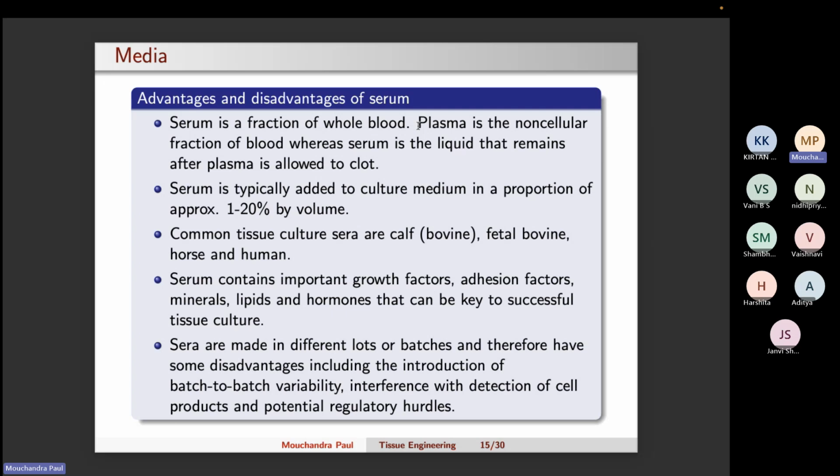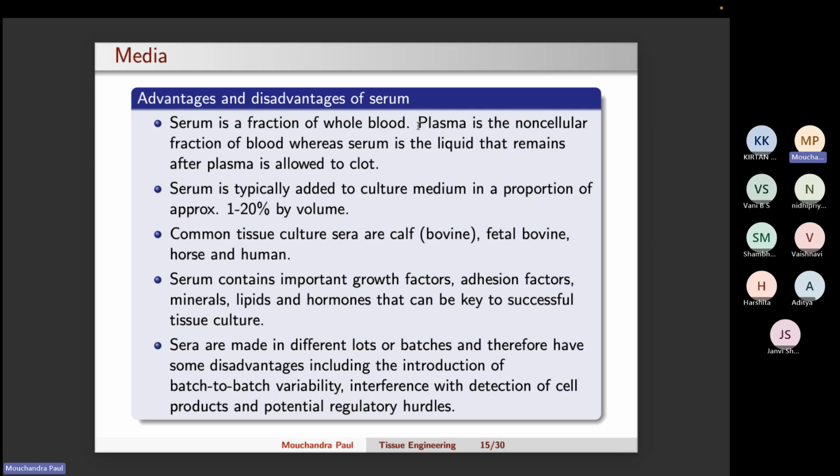So now in the basal medium we add some serum. So what is serum? First let me explain. The serum is basically a small fraction of the whole blood. Blood is composed of plasma and the blood cells. When you remove the cells, you get plasma.